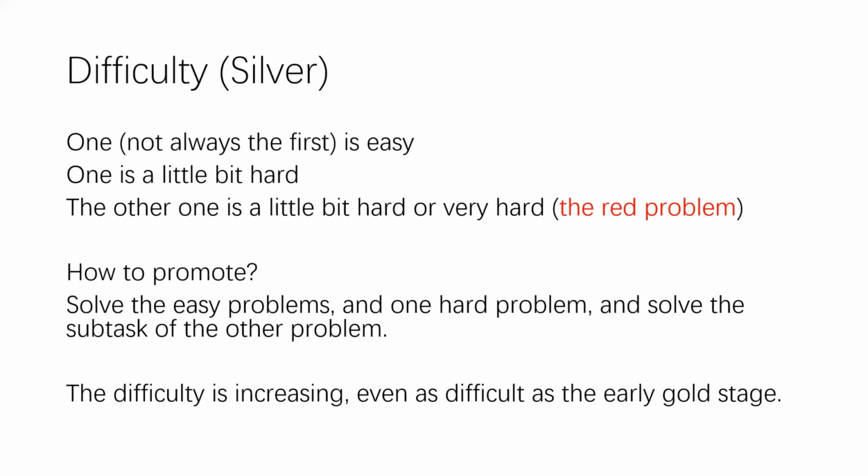So it's becoming more and more difficult. One of them is usually easy, but the other two are difficult. One is a little bit difficult, but the other sometimes is a little bit difficult, but sometimes very, very hard.